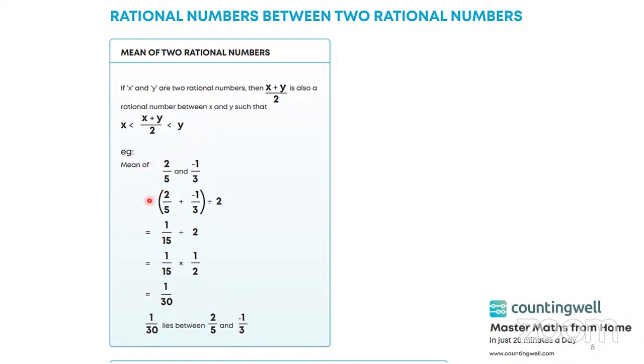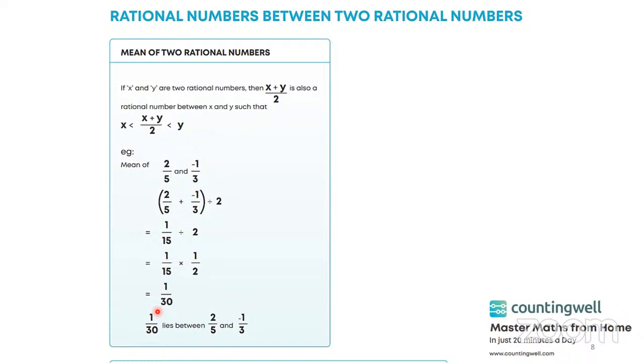For example, to find the mean of 2 by 5 and minus 1 by 3, we take its sum and divide by 2. So for the rational numbers 2 by 5 and minus 1 by 3, adding the numbers, we get 1 by 15 and dividing it by 2, we will get 1 by 30. So 1 by 30 will lie between 2 by 5 and minus 1 by 3.